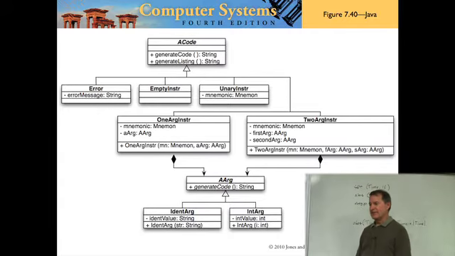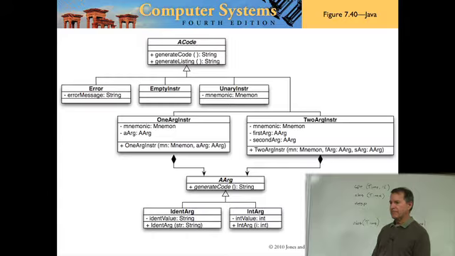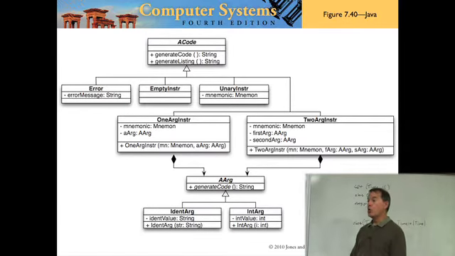Now comes a crucial concept. And that is, what we have here in figure 7.40 is a diagram of instructions. Of code. This is a diagram of the code.